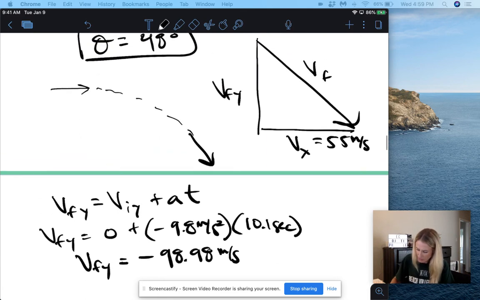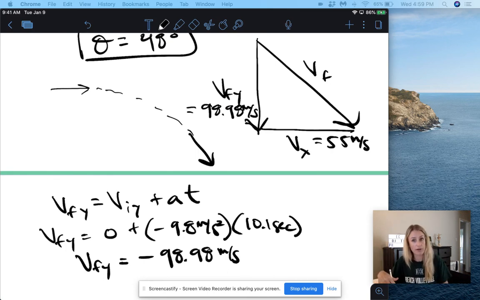So now in order to find the final velocity, we're going to use the Pythagorean theorem. Now here, remember, that is a negative number because I said downward is negative and it's moving downward, right? That final velocity in the y direction is down, which makes sense that we got a negative number.